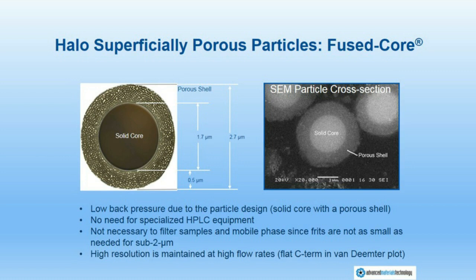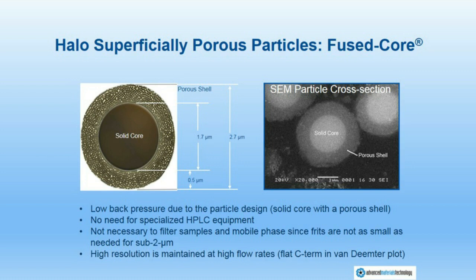But the reason why we feel this is a particularly valuable material for packed column bed chromatography is that it helped to address the then emerging competition with increasingly small particles, that is sub-2 micron porous particles, without the need for everybody to immediately upgrade to very high pressure equipment.